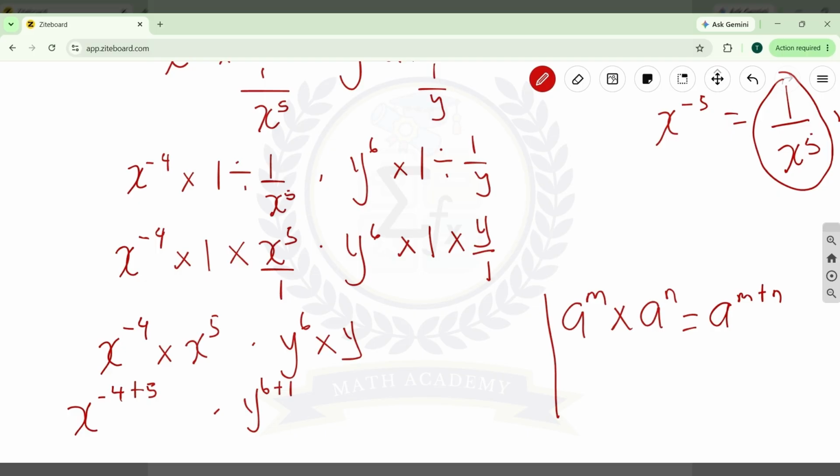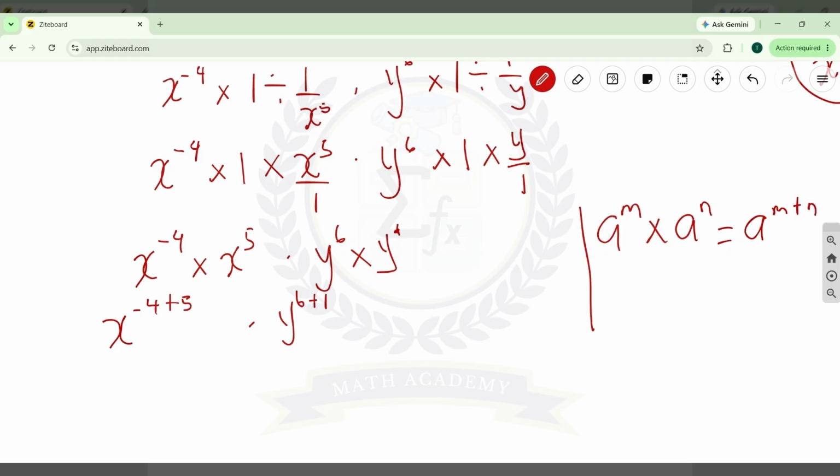This is y, and just y is y to the power of 1. So what this simply means is that you have x to the power of negative 4 plus 5 is 1, 6 plus 1 is 7. So this simply means x y to the power of 7.